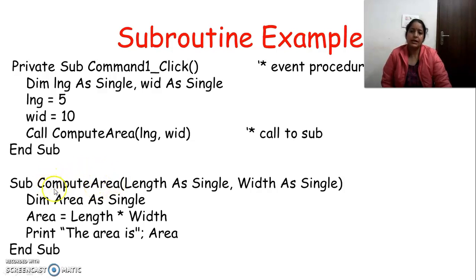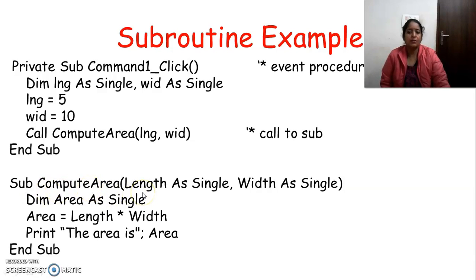Here ComputeArea is the name of the subroutine, and Sub is the keyword. Before the Sub keyword, no visibility mode is specified, either public, private, friend or static. So by default, Visual Basic sets the visibility mode of ComputeArea to public.